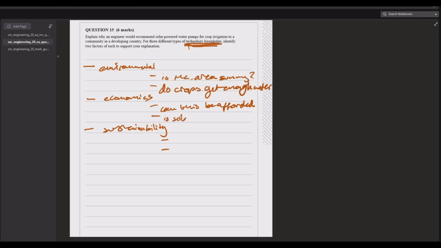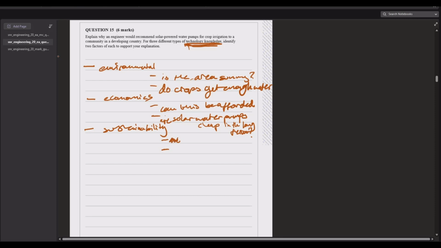Are solar water pumps cheap in the long term? Sustainability: how is maintenance going to work?